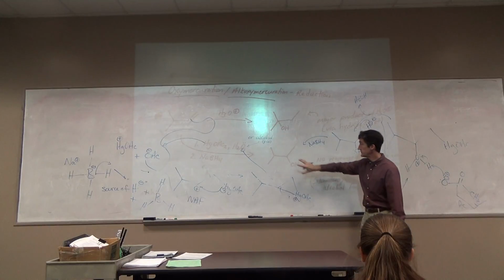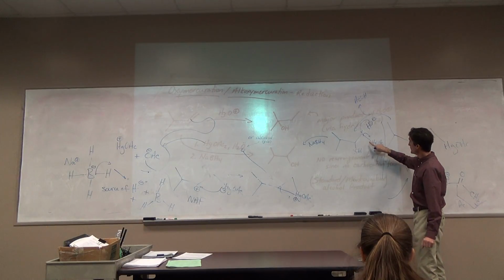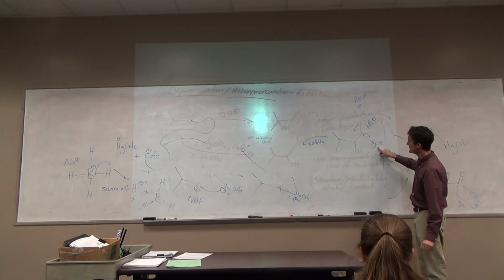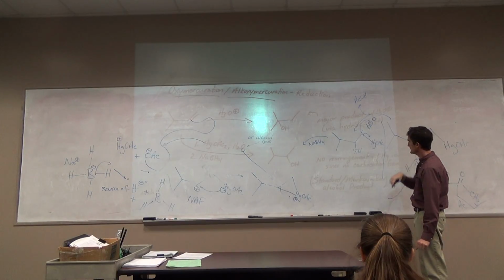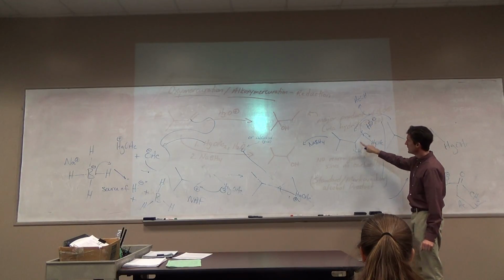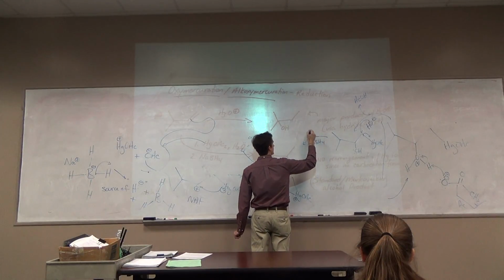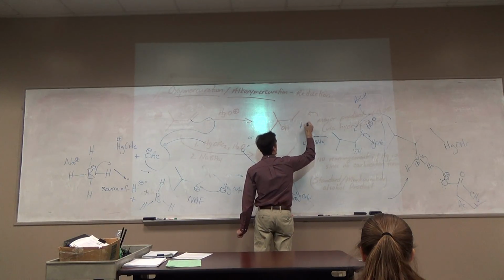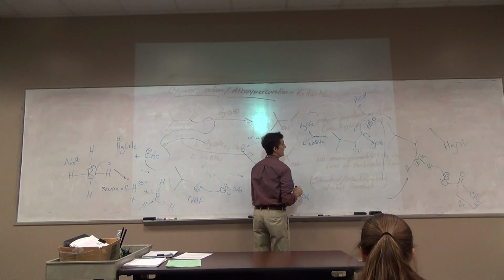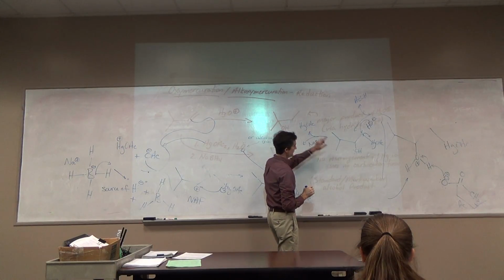It's a 2-step process to give this product. But let's keep track of the mercury. What does the mercury become? Well, it's now gone. It's mercury acetate. But what does this arrow mean?